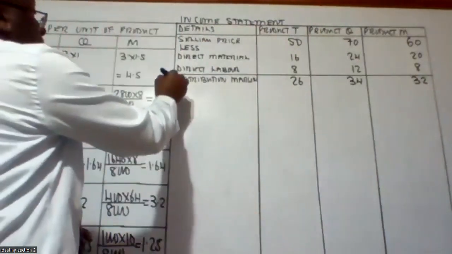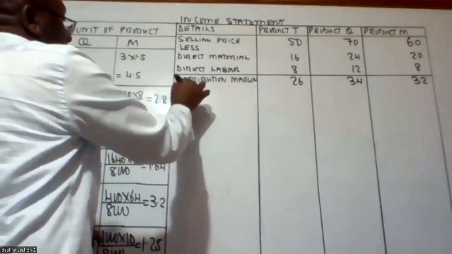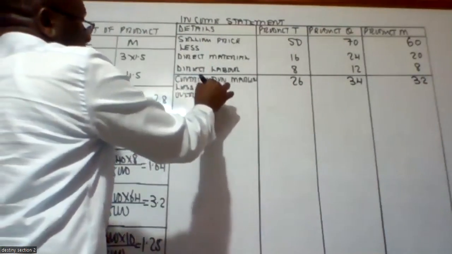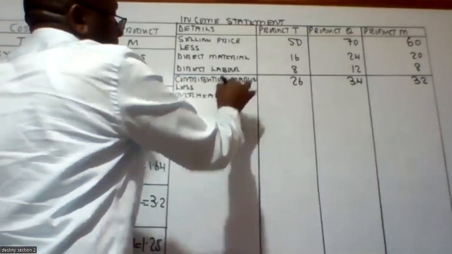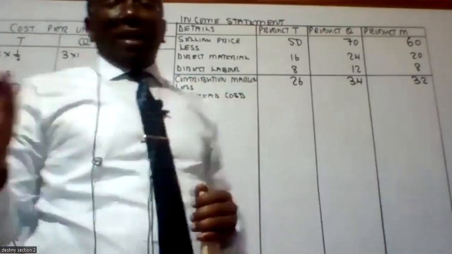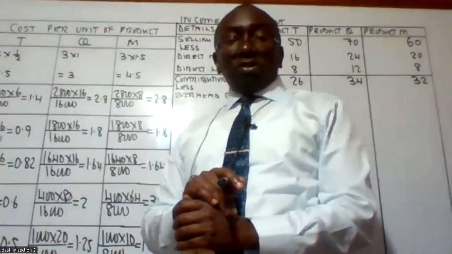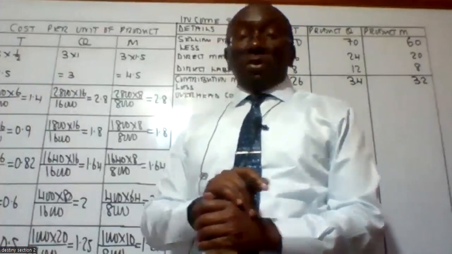Now from there you say less overhead costs. You are going to bring the ones that we computed per cost driver, or rather per cost pool.